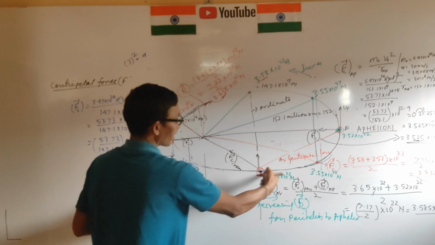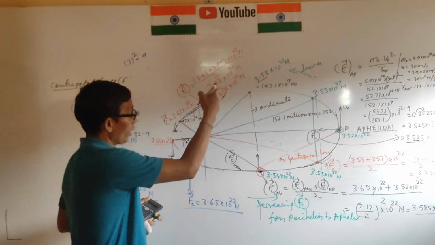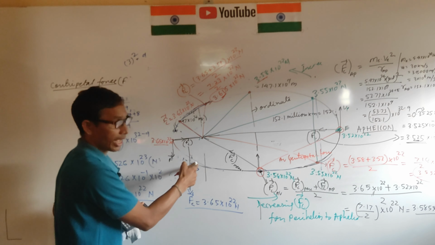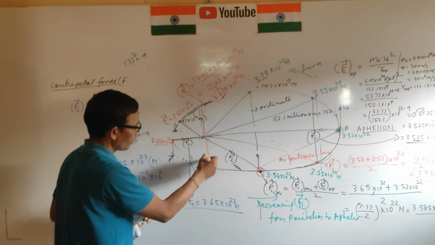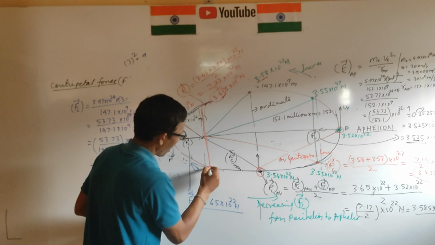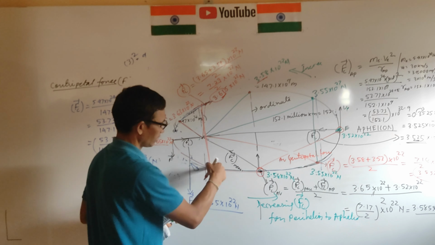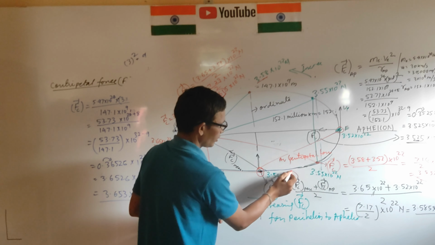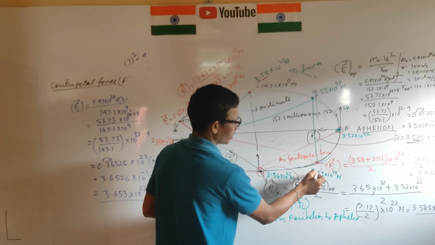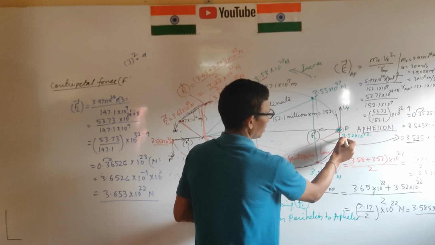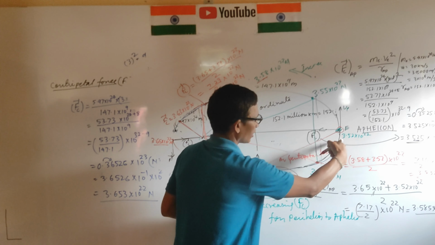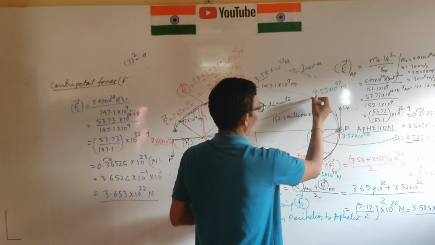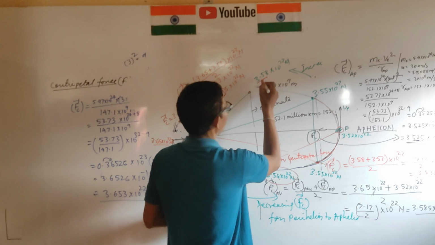Here the force is acting like this. When the earth is close to the perihelion, the maximum force is acting here, and after crossing the perihelion region, the centripetal force just decreases. Here is 3.85, here is 3.55, here is 3.52, and this is decreasing, and then it turns. At the point 3.55 it is increasing again.